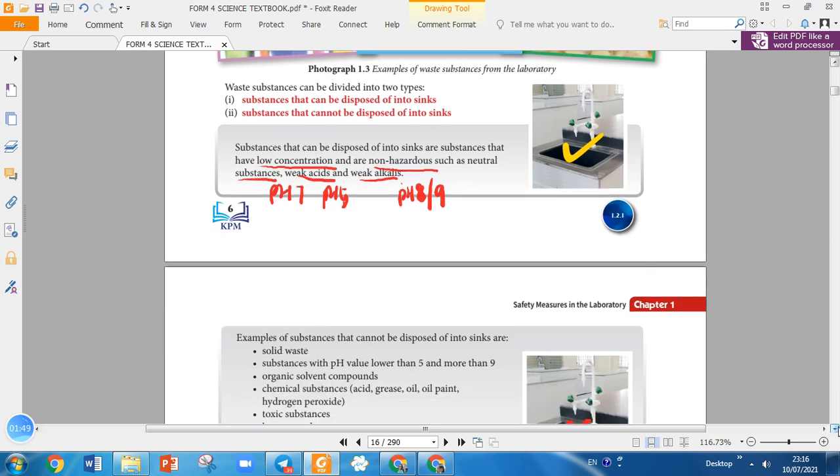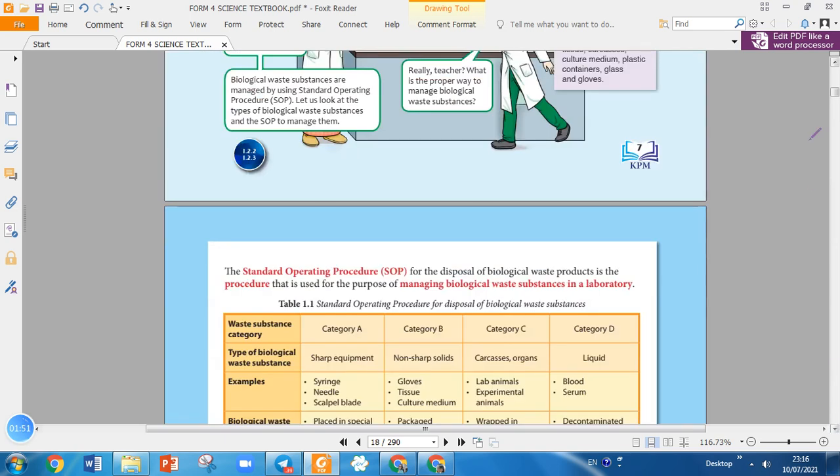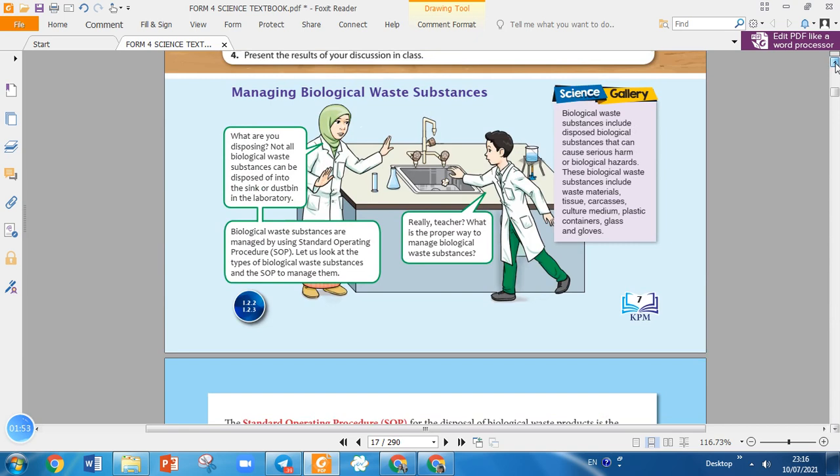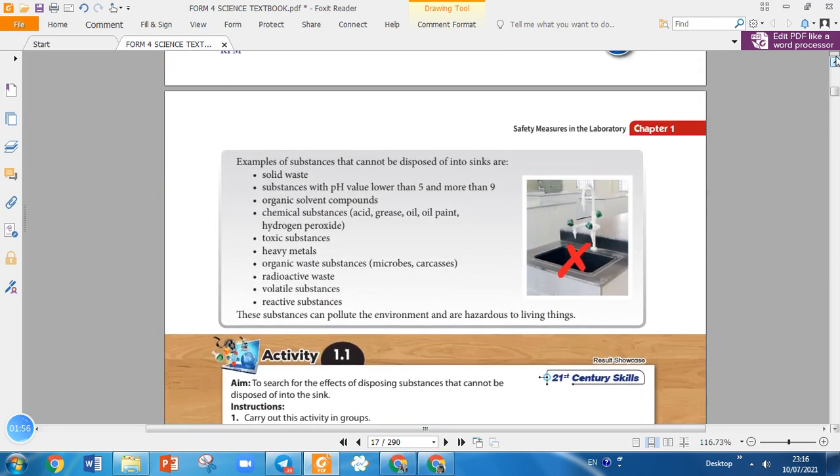Examples of substances that cannot be disposed into the sinks are solid waste, because it will block the sink. Substances with a pH value lower than 5 or higher than 9, which are strong alkalis and strong acids.